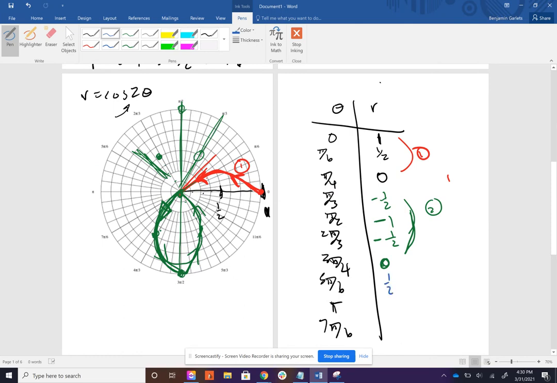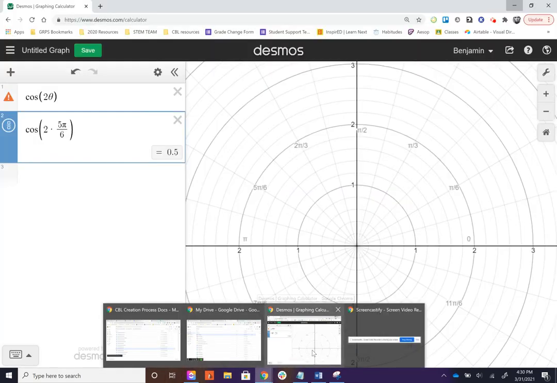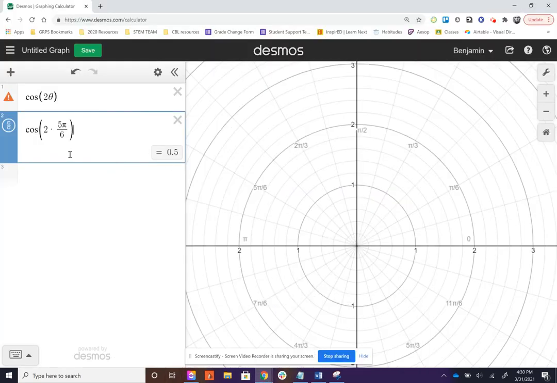So if I go 5 pi over 6, and then 4 pi over 3, negative 1/2.